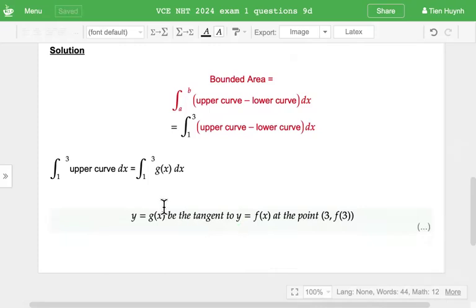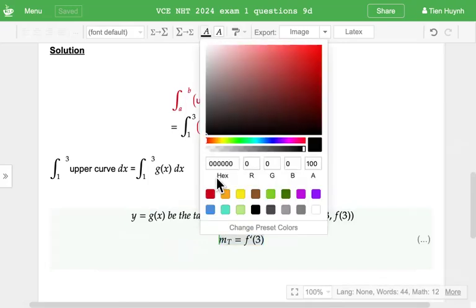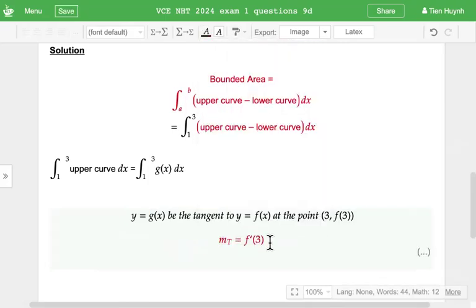It means that, firstly, g of x is the tangent to the curve at the point (3, f(3)). Then first of all, the gradient of the tangent will be the derivative, that is f dash of x evaluated at 3. I hope it is understandable. So this is the key point. The gradient of the tangent is f dash of 3.